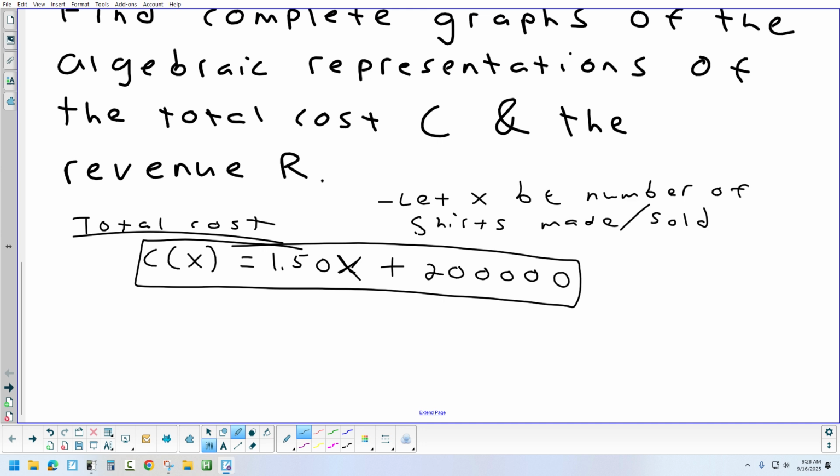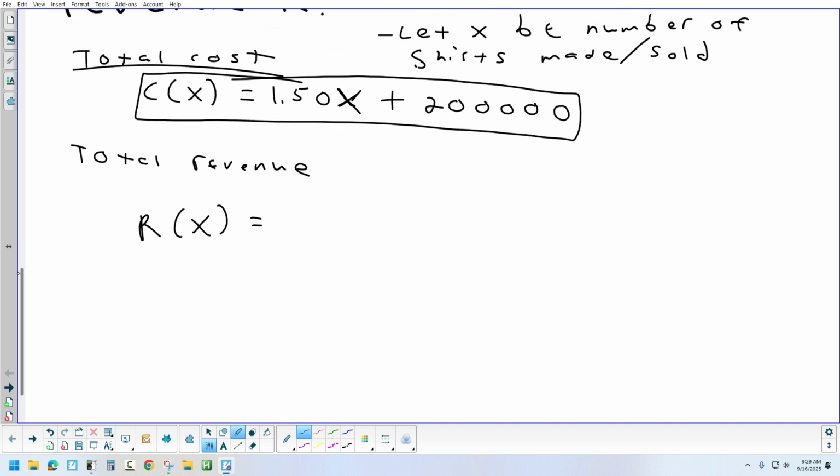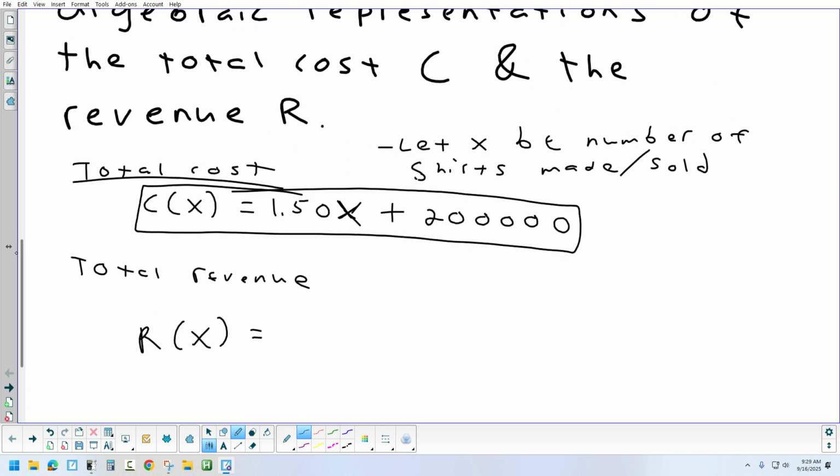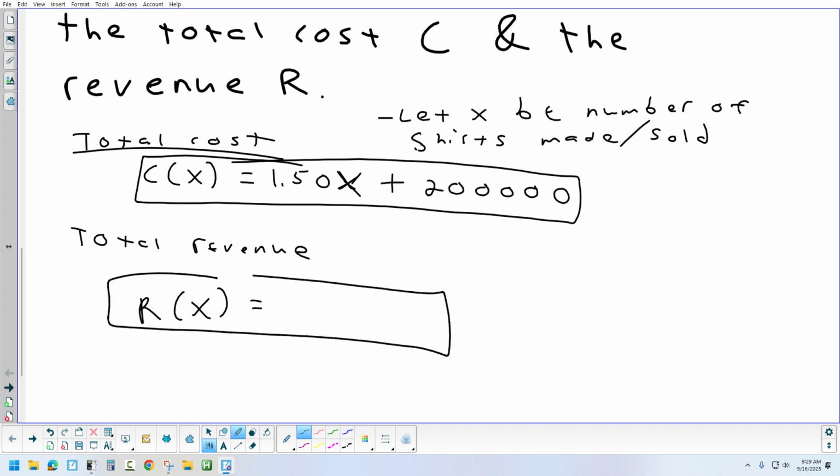Now let's find a formula for total revenue. And again, this will be as a function of X, where X is the number of shirts that we sell. What would be my formula for the amount of money that's taken in?